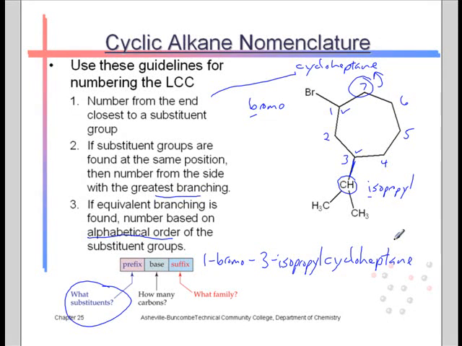Okay, so that's the basic layout for naming the cyclic alkanes. And again, appreciate the fact that the rules for the cyclic alkanes are very similar to the rules for the non-cyclic alkanes. In my opinion, this one's easier because you can see the longest carbon chain more easily than in the non-cyclic alkanes from the first presentation.